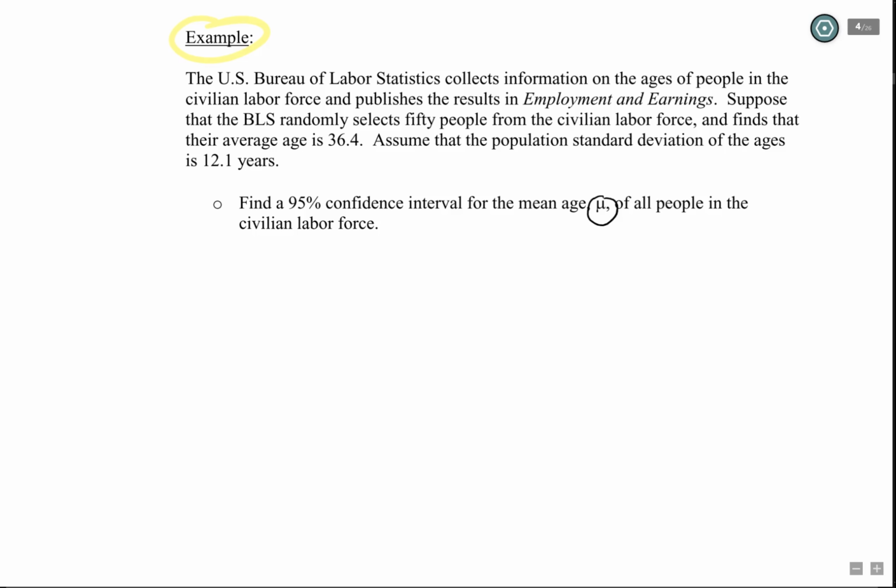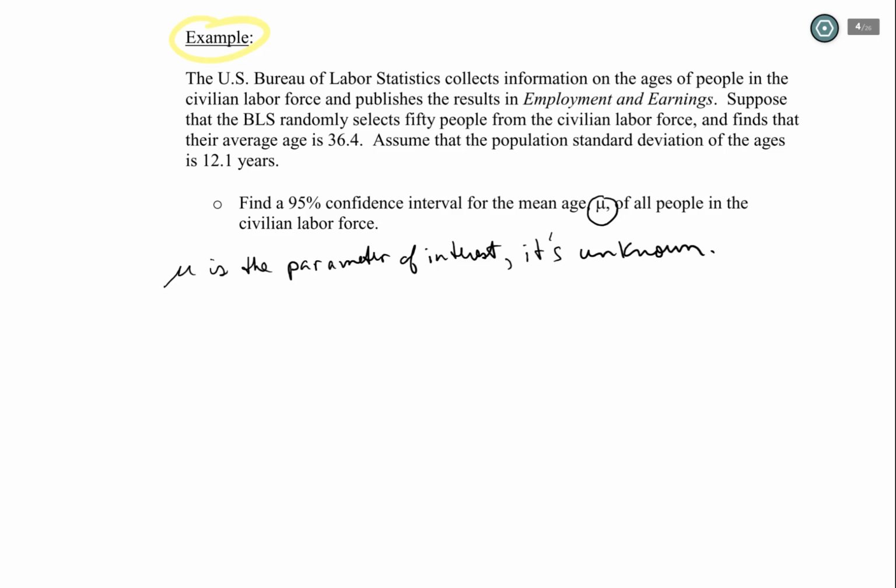Mu is the parameter of interest, and it is unknown. So we estimate it with a 95% confidence interval.